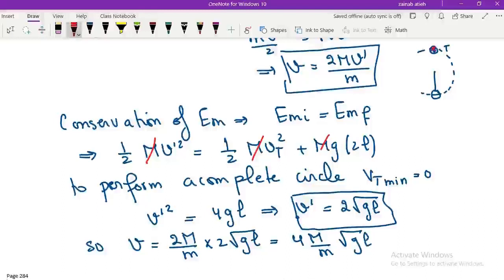At this point there are 2 forces: the weight mg and the tension. Projecting along the radial direction, T plus mg is equal to m v_T squared over L.